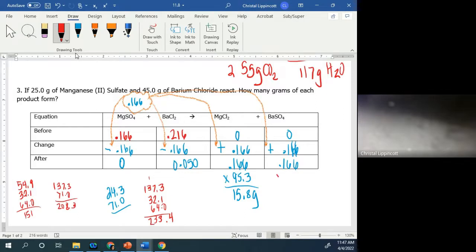So I'm going to multiply this by 233.4. And that ends up being 38.7 grams of BaSO4. Any questions on number 3?